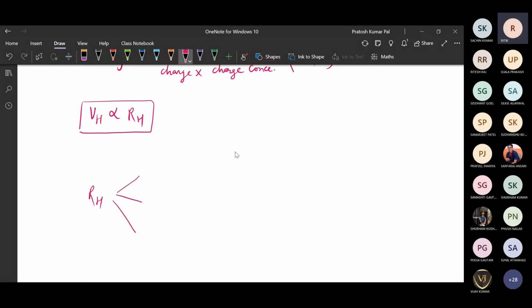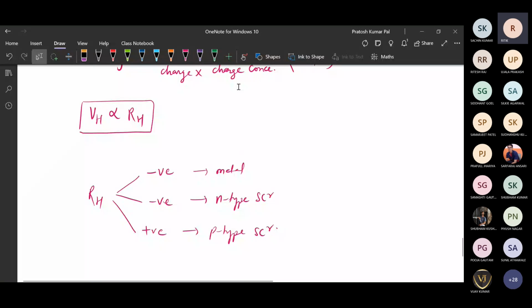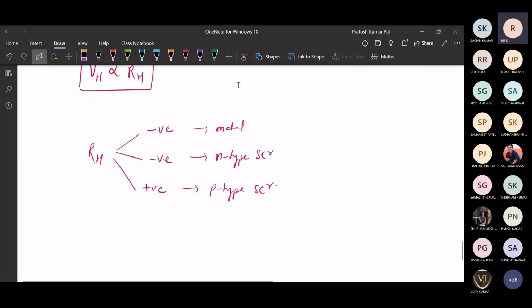So based on the RH value also we can conclude similar points. If the RH value is negative, we can say it could be a metal or an n-type semiconductor. And if it is positive, we can say this could be a p-type semiconductor. But the special case is the intrinsic semiconductor, where the RH will be very large.